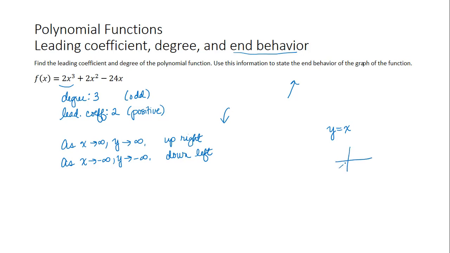And we know that it looks like this. A line that goes through the origin, going up 1 over 1. And notice that it goes up to the right and down to the left. When we generalize this to polynomial functions with odd degrees and a positive leading coefficient, it's going to behave the same way at its ends.